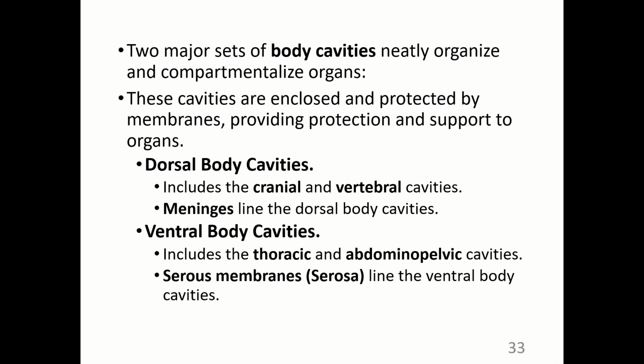Next, we'll talk about two major sets of body cavities that neatly organize and compartmentalize organs. These cavities are enclosed and protected by membranes, providing protection and support to organs. The two major sets of body cavities include the dorsal body cavities and the ventral body cavities.